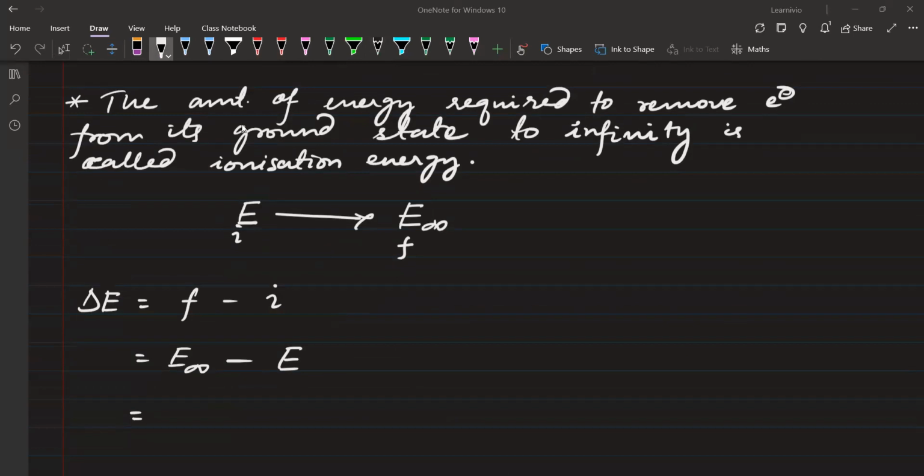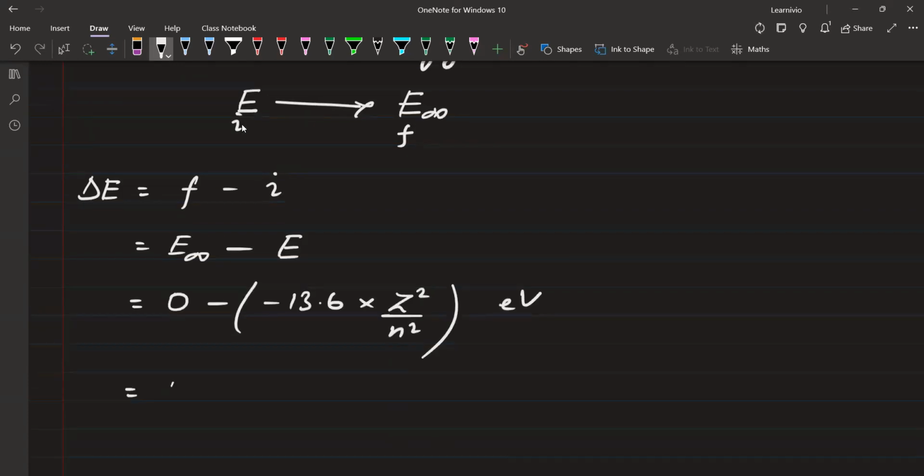So energy at infinity will be equal to 0 minus what is the energy of an electron at its orbit, which is equal to minus 13.6 into z square upon n square, and because we are talking about an atom, so we can say electron volts like this. A negative and negative will cancel each other out. We'll get the energy that is required in positive, that is 13.6 into z square upon n square. ठीक है, this will be in electron volts, है ना.